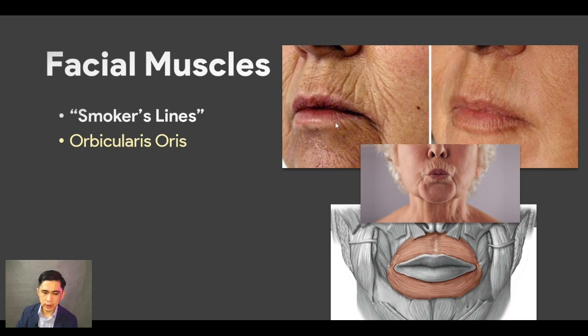But of course, these are not per se caused by smokers, it's just a name for this wrinkle. We have to inject some, not all of course, so that you will still be able to control your mouth around the orbicularis oris.